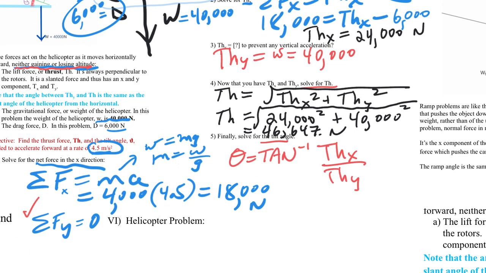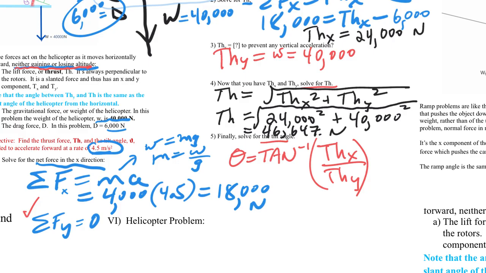So this is backwards from what I usually write on my equation sheet. Theta equals tangent inverse of THY over THX. That would be true if the angle's from the x-axis, which I always do, except for these special cases. So just flip it around.